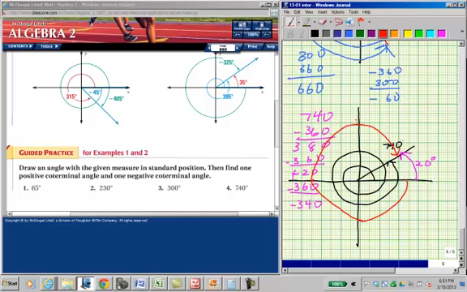Negative 270 plus another 70 is negative 340, and that leaves 20 degrees.